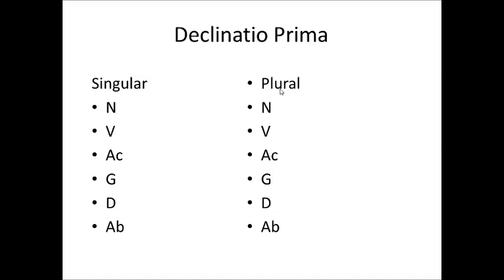So let's begin with first declension, which is known as the A declension, in which most of the words, bar a few, are feminine. So our nominative, we'll use puella, the girl: puella, puella, puellam, puellae, puellae, puella.